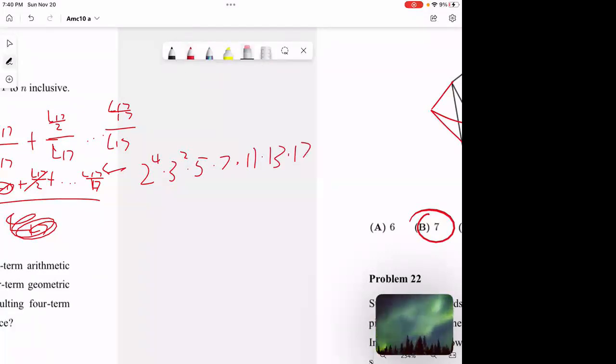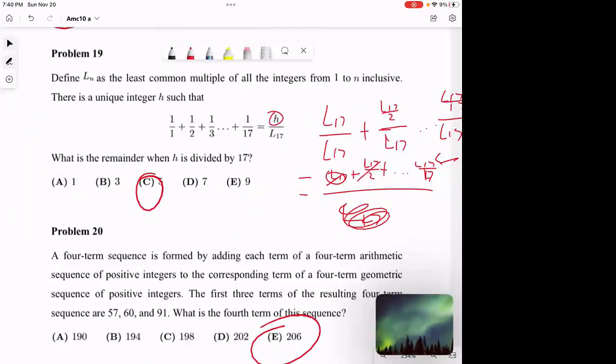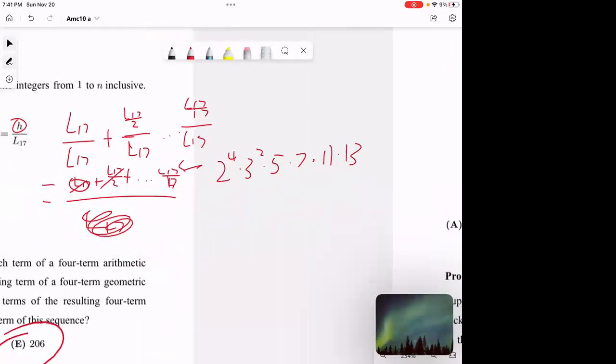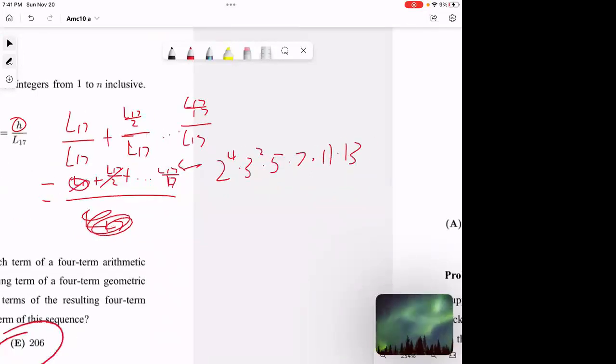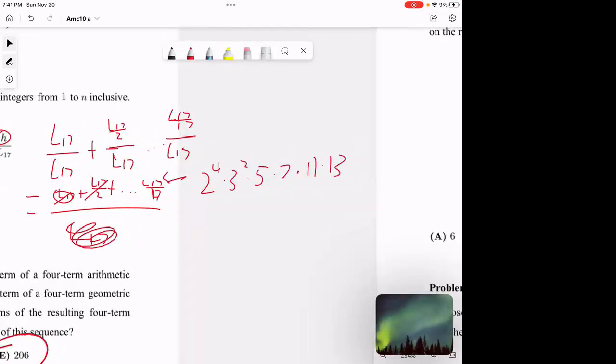And then we're dividing by 17, so we get rid of this. Does this make sense? Because that's just the least common multiple of numbers from 1 through 17. The biggest power of 2 in there is 16, which is 2 to the 4. Biggest power of 3 is 9, so that's 3 squared. Then 5, 7, 11, and 13.